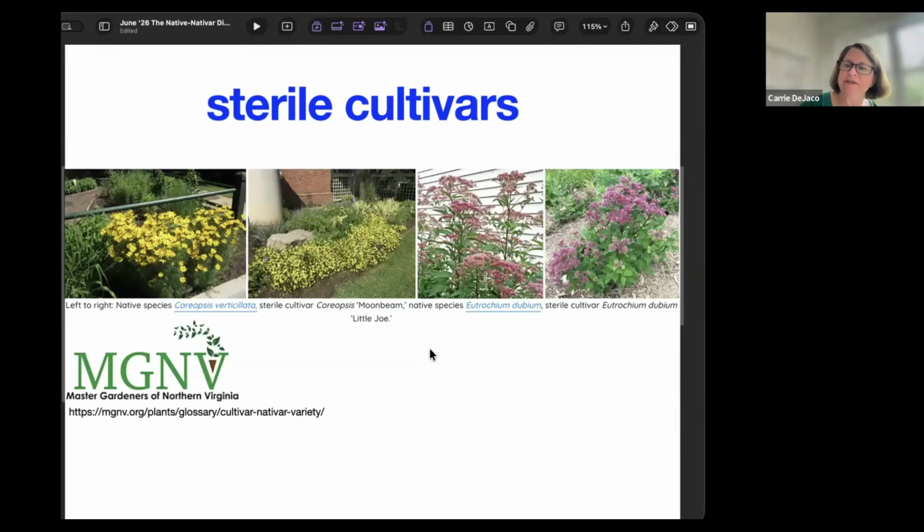We don't know if a sterile cultivar feeds pollinators. Some sterile cultivars may not even produce pollen. If they don't produce pollen, then any that feed on pollen are out of luck. They might produce nectar, they might not. That's going to vary a lot. What the nutritional value is of that nectar, we don't know.